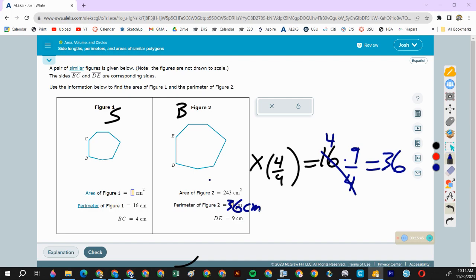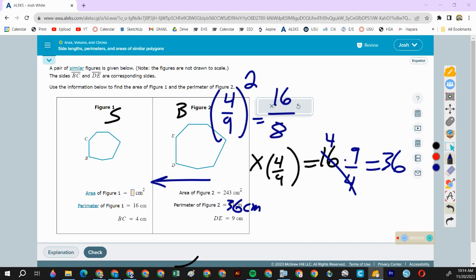So if I want to go from here to here, I'm not going to multiply by 4 over 9. I'm going to multiply by 4 over 9 squared. So that's 16 over 81. 243 times 16 over 81 is 48. All right.